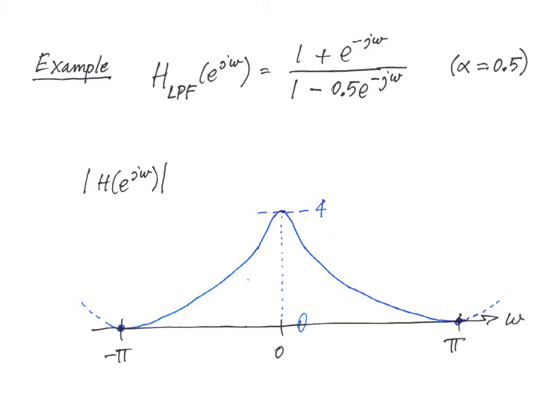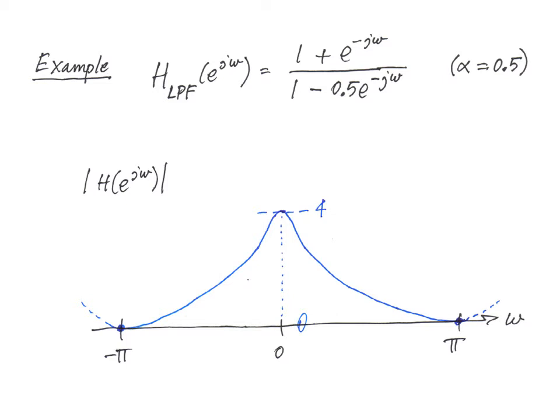The period is always 2 pi, so it's enough to show the first period, that is the one centered at 0, going from -pi to +pi. Actually, if the difference equation has real valued coefficients, which this one does and most do that we are interested in using, then there will be this even symmetry about 0 in that period, so that actually we only need to show the range 0 to pi. But I just want to point out the periodicity by plotting both positive and negative frequencies.